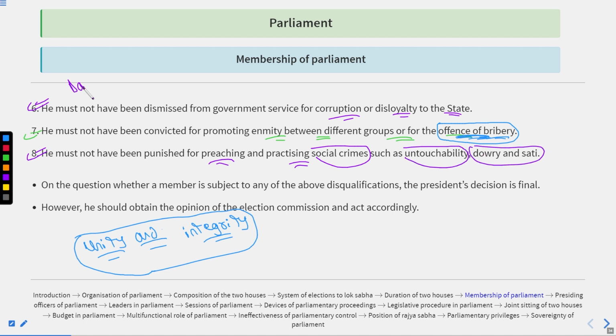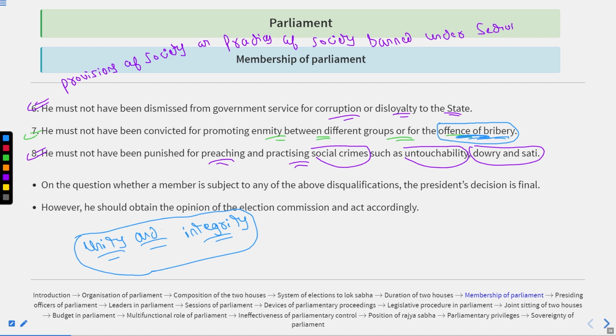Because these are practices of society banned under fundamental rights.